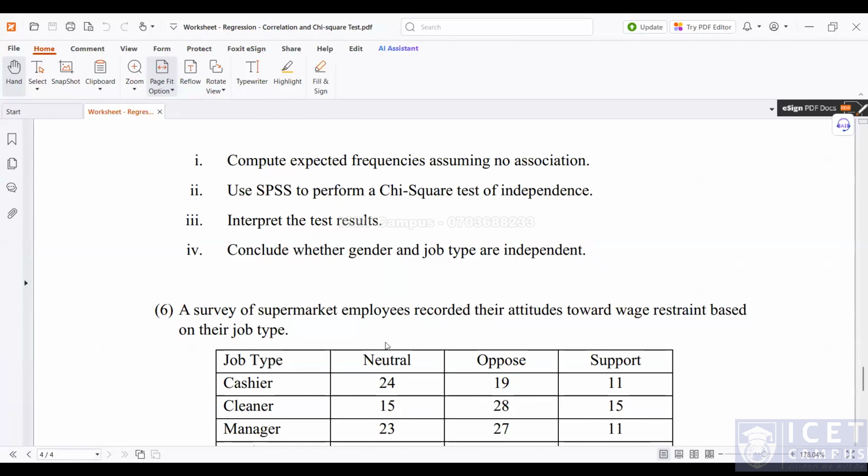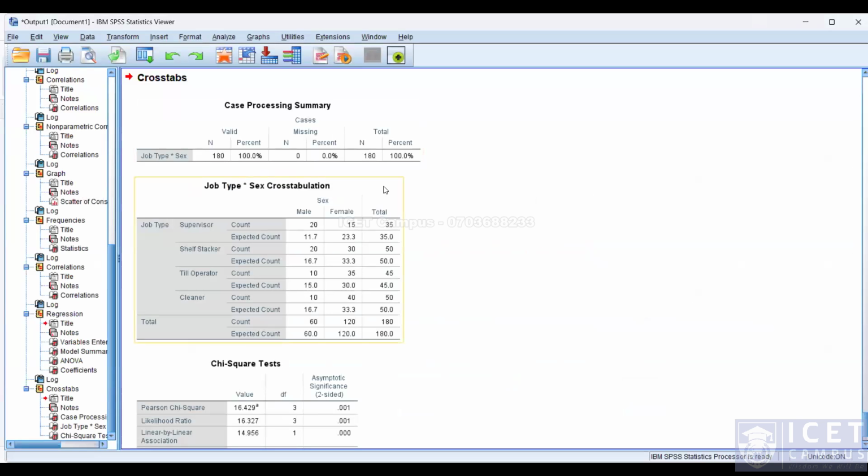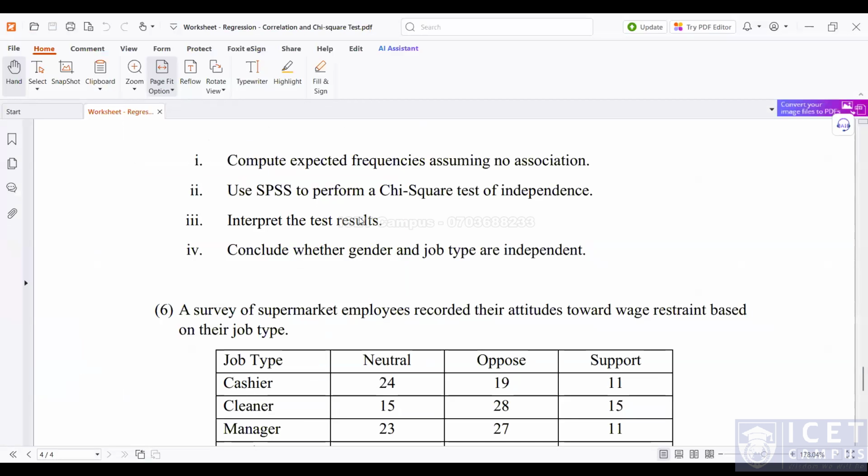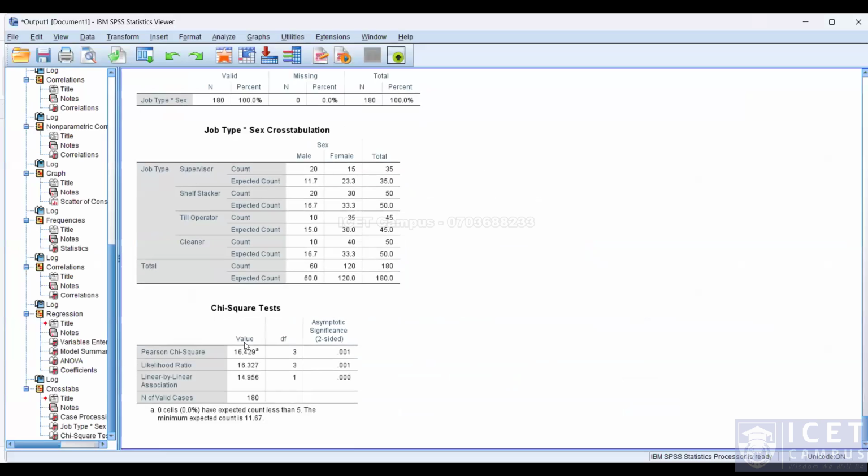We can see here the expected count. The question is given, so we need to calculate the expected count as well. Then the most important thing is the Pearson chi-square value is 16.409.